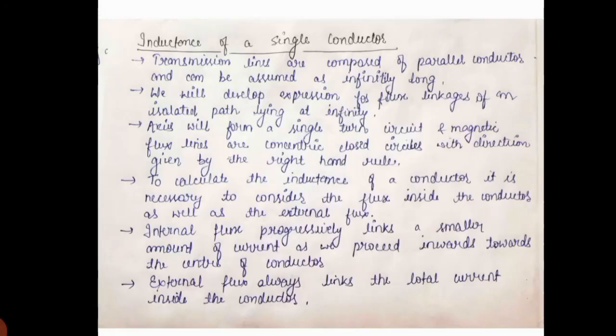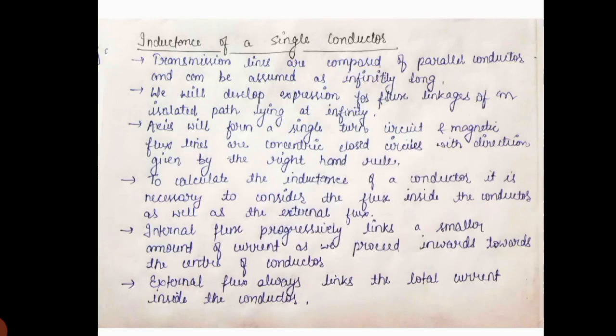See, inductance of a single conductor means there is a single conductor carrying current and its return path is at infinity, and we will develop an expression for flux linkage of an isolated conductor. The magnetic flux lines are concentric closed circles with direction given by the right hand rule.